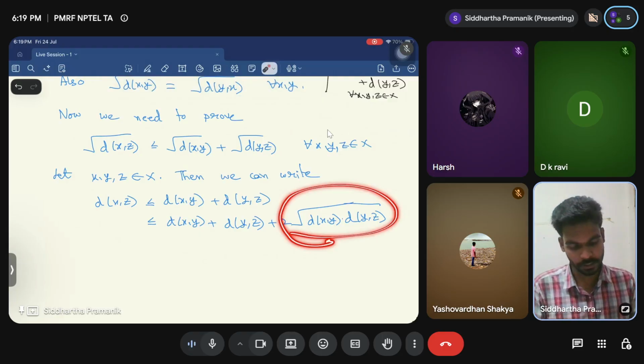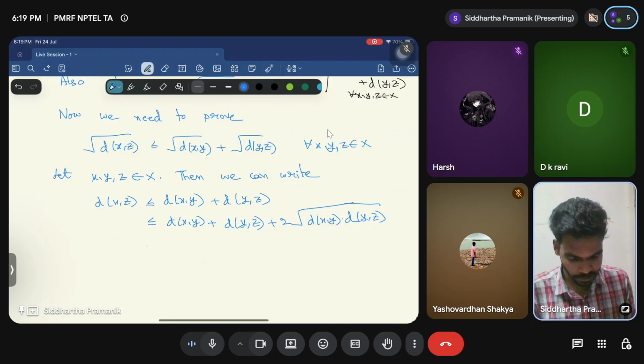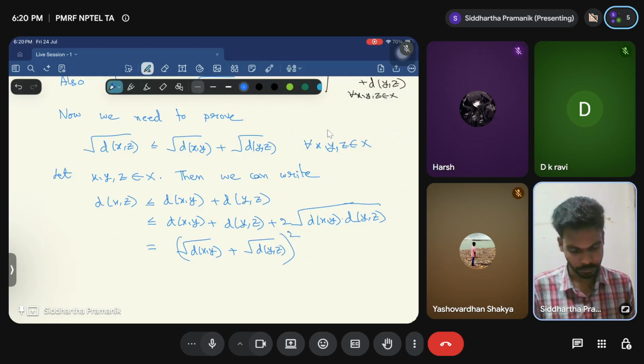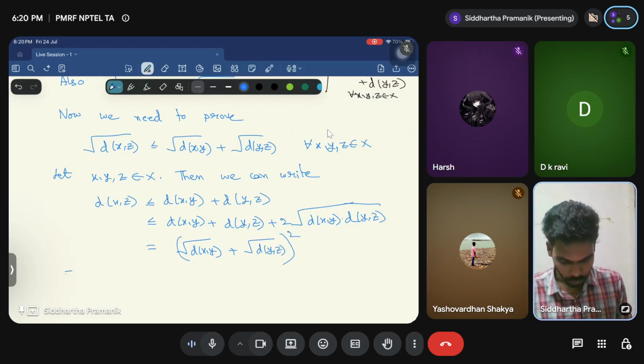But what is this thing? This is basically the square root of d(x,y) plus the square root of d(y,z), and you take the whole square.